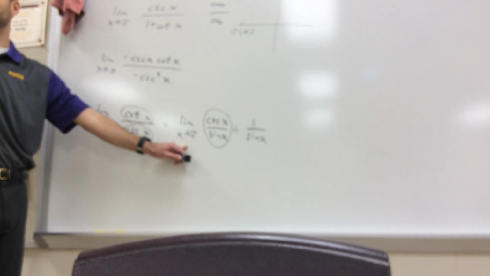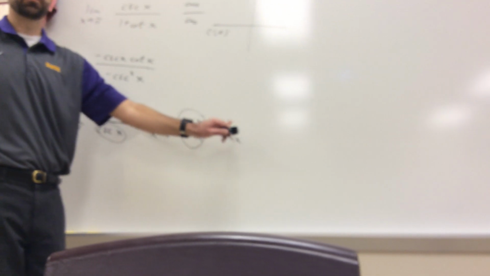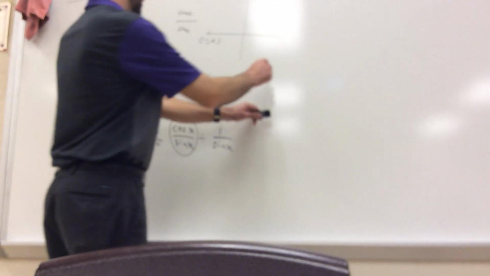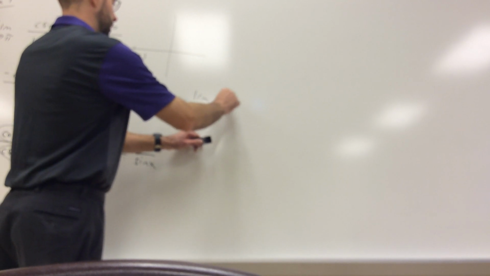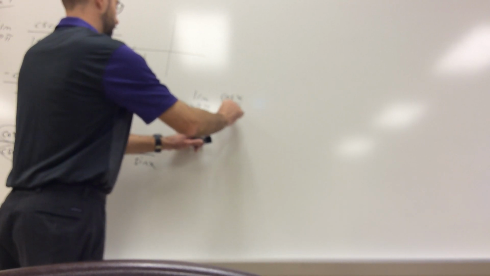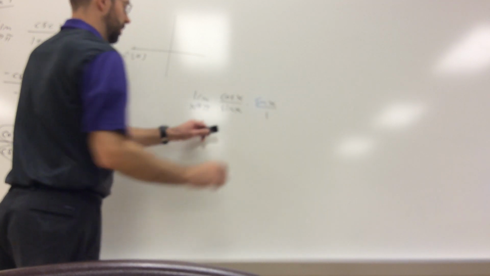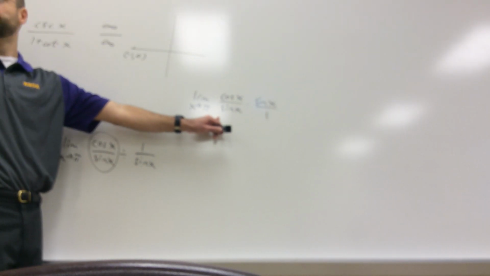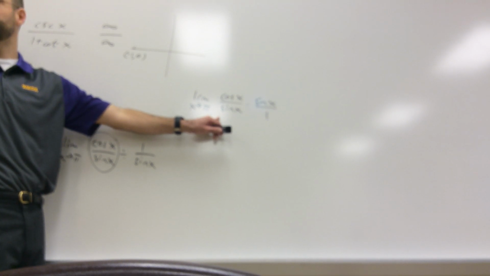Okay, then how do you divide fractions? You keep, change, flip, right? So that's the limit as x approaches pi of cosine over sine times sine over 1. So that's nice because the sines cancel.